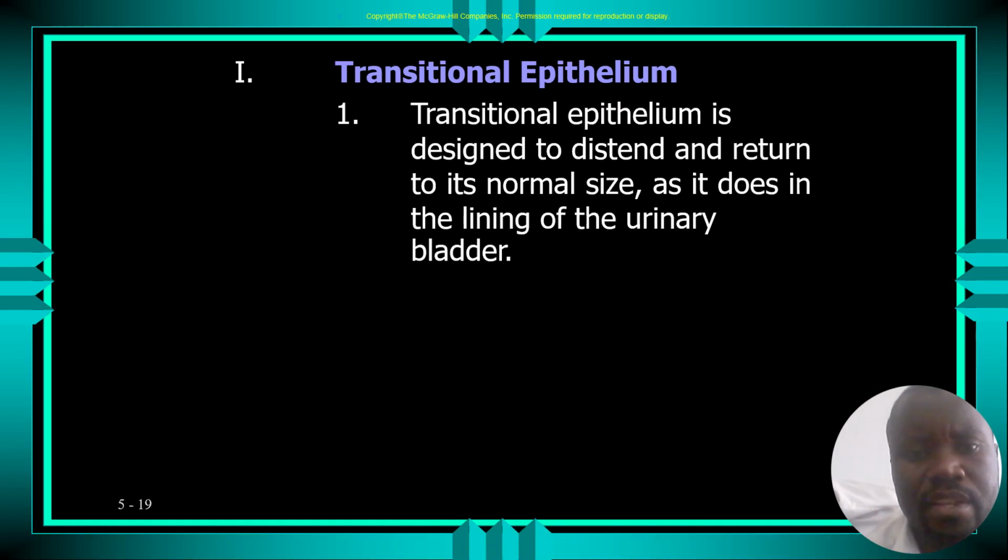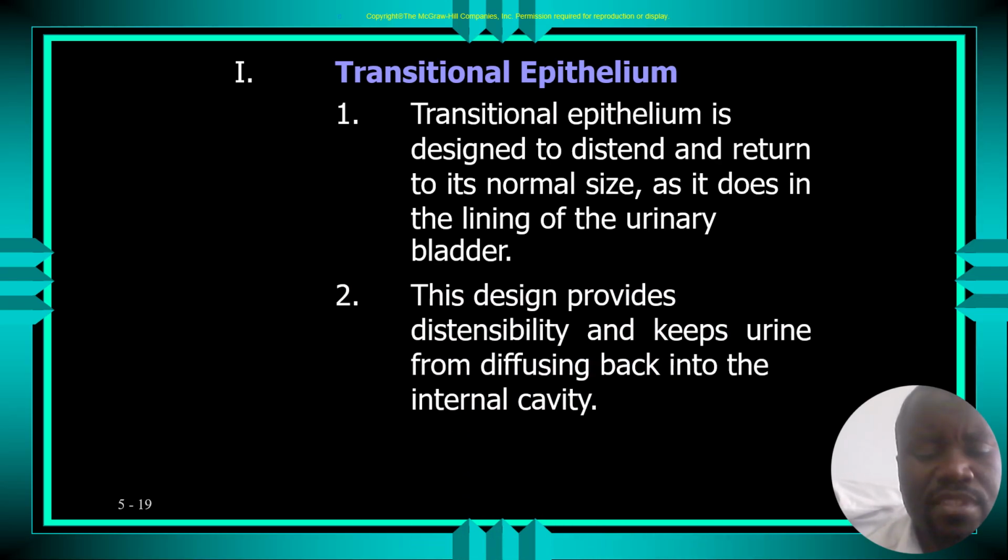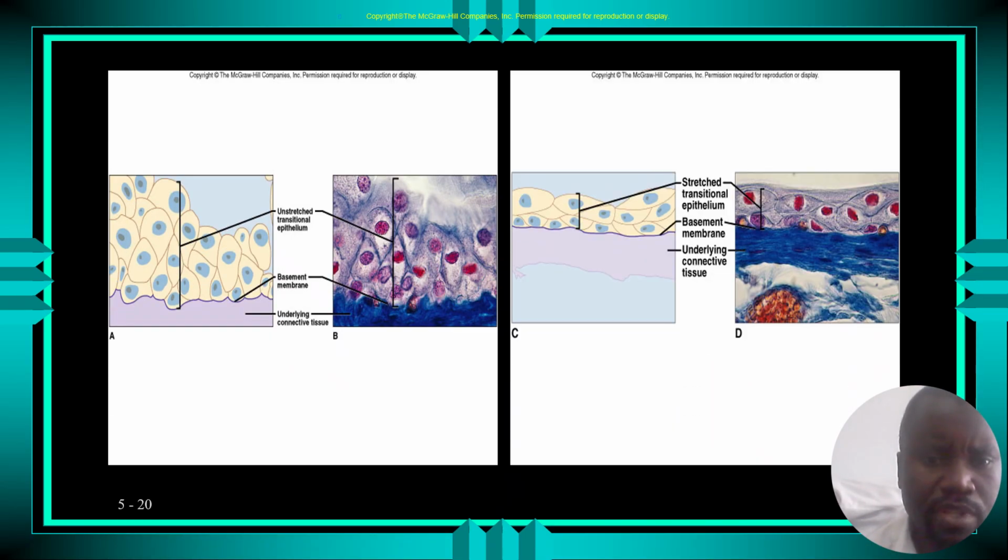So transitional epithelium is designed to distend and return to its normal size, as it does in the lining of the urinary bladder. This design provides the ability to stretch, or distensibility, and keeps urine from diffusing back into the internal cavity, because this allows more urine to be accommodated. So this is what we are talking about.